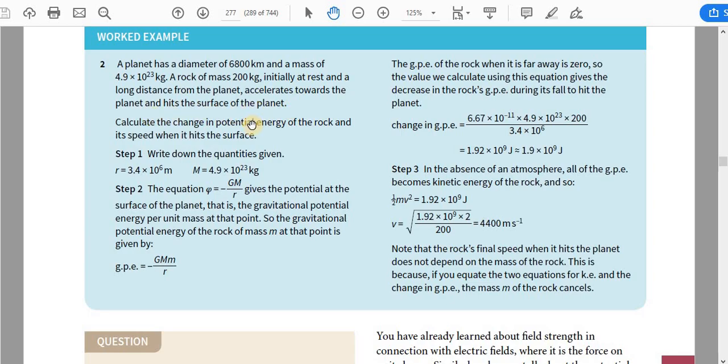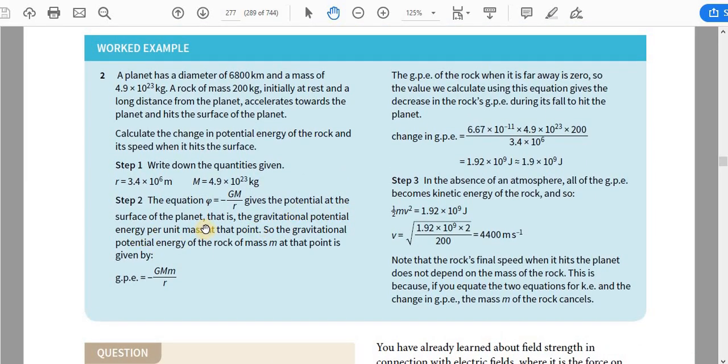So just at that moment when it hits the planet, the distance between the rock and the planet is the radius of the planet. This is the diameter, so we find the radius, and the mass of the planet is given. So we use this equation: phi is equal to minus GM over r. That is giving us the gravitational potential. We learned it previously.